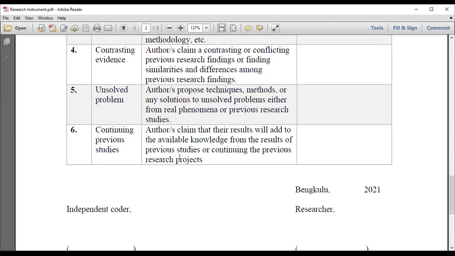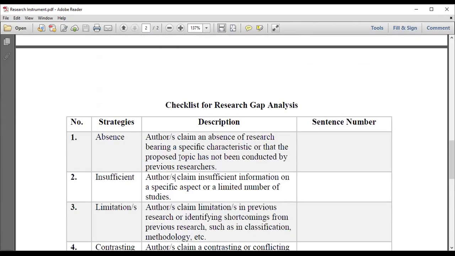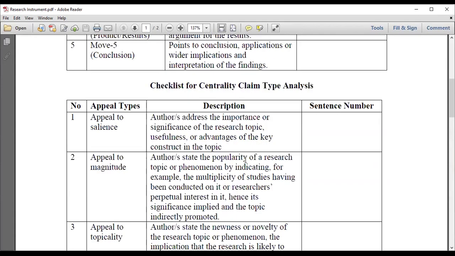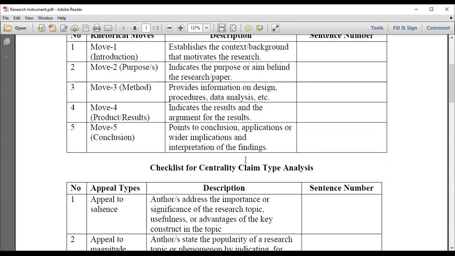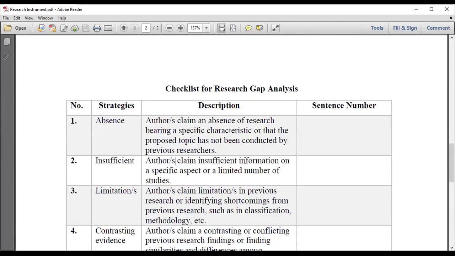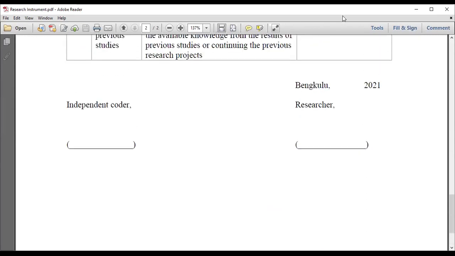If they find this. So there are 6 strategies about a research gap. Okay, there are 5 moves, there are 4 appeals, and there are 6 strategies. Okay, we look at the example.